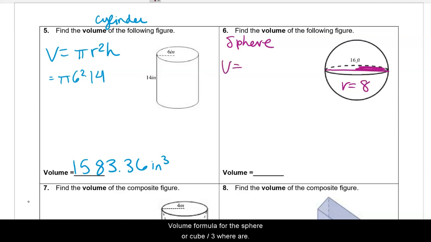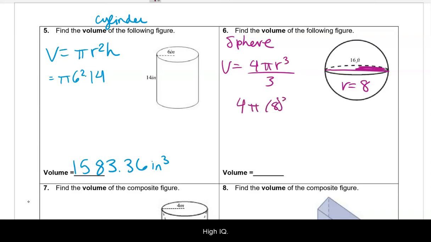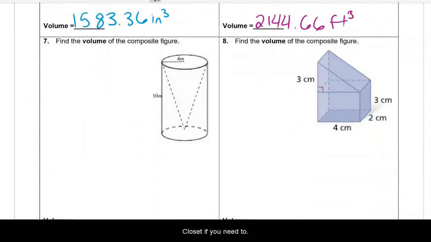Our volume formula for the sphere is 4 pi r cubed divided by 3, where r is, I'm sorry, 8. 4 pi 8 cubed divided by 3. Putting that in your calculator, you get 2140.66 feet cubed. Awesome. Pause it if you need to.